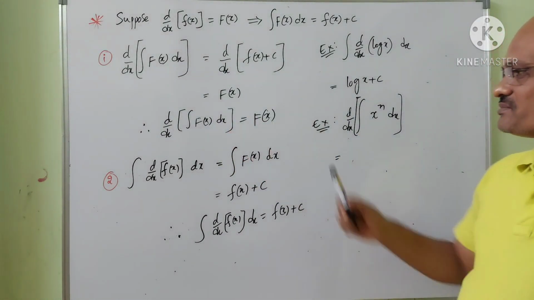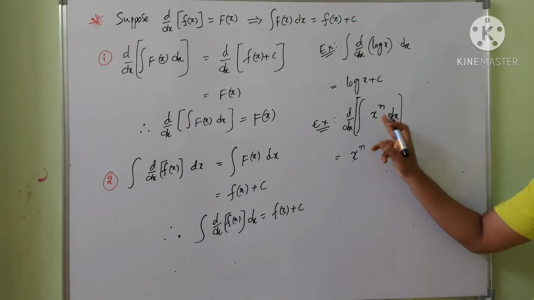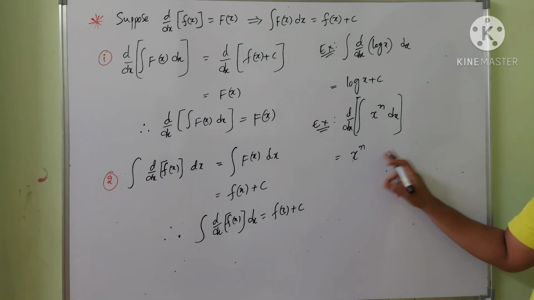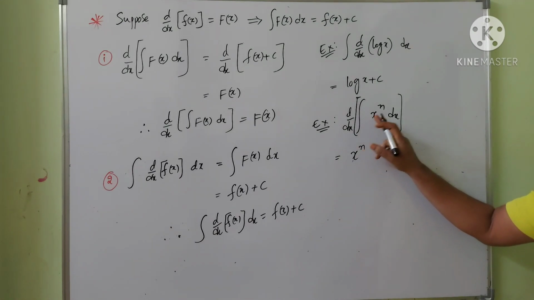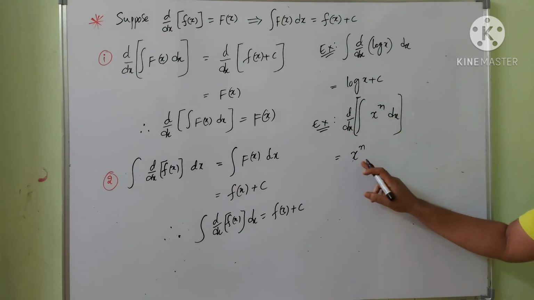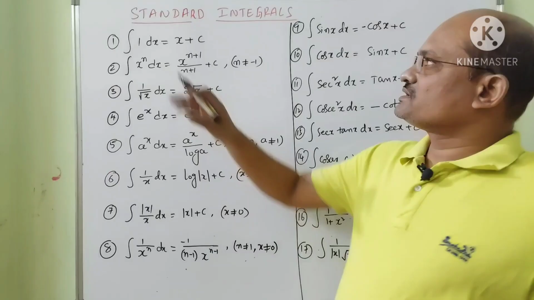Capital F of x, the same, comes here. So the answer is x power n. Here after integration you are doing differentiation, so the derivative of the constant becomes 0. When you integrate you will get plus c. When you differentiate, the derivative of the constant becomes 0. No need to write the constant c.